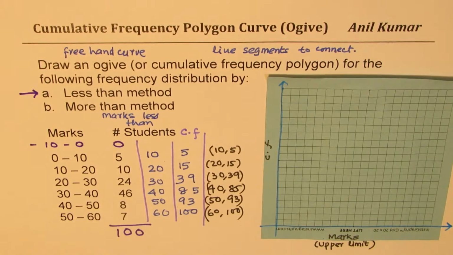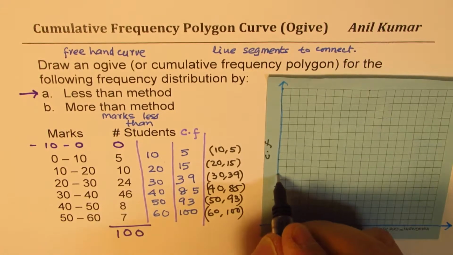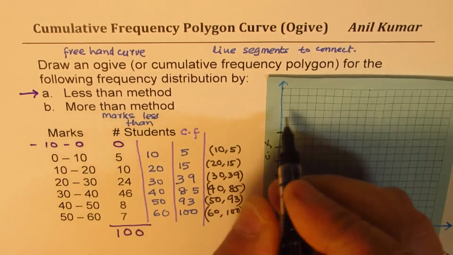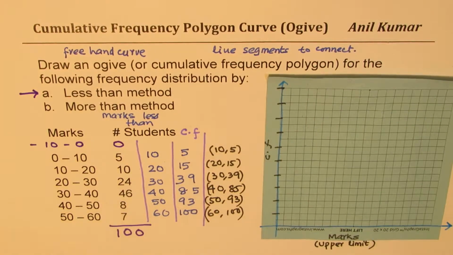Perfect. So now on this scale, let's say we have 10, 20, 30, 40, 50, 60, 70, 80, 90, and that is 100 for us, correct?